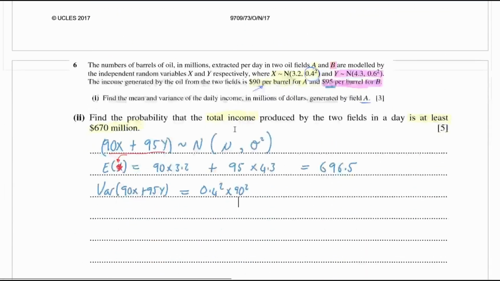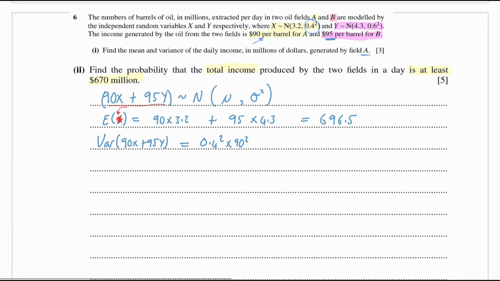Yeah, we did. But then we're going to have to add in the variance of the second field, B, which is 0.6 squared over here. But then because it's 95 per barrel, we've got to times that by 95 squared. When we pop all of these together, we get 4,545.